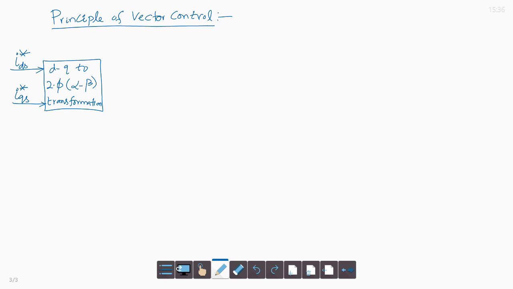These are the reference values for the flux and torque component of the current, and this transformation block takes the unit vector, that is cos theta E and sin theta E. This unit vector is essential, and this is performing the action which is called vector rotation.